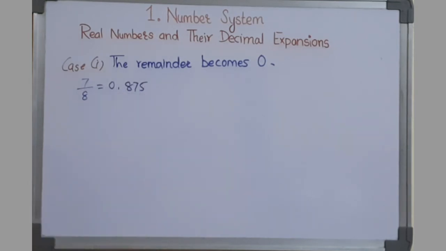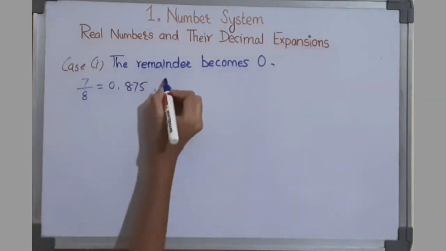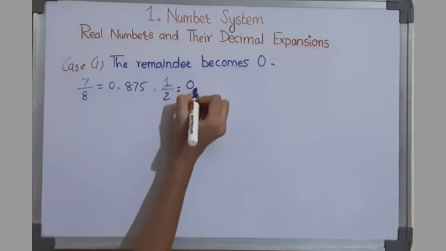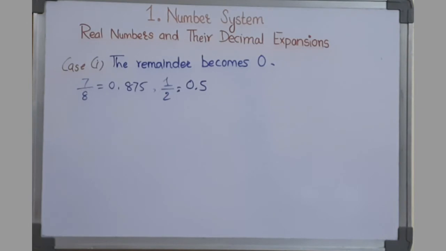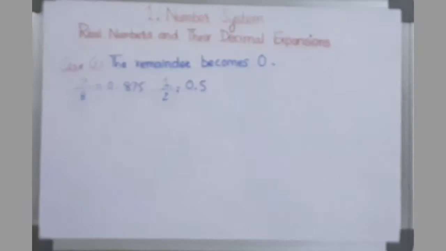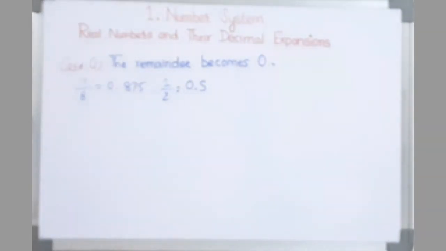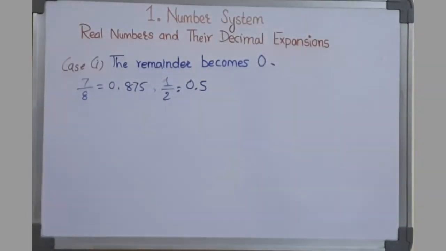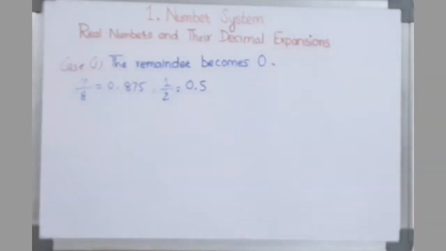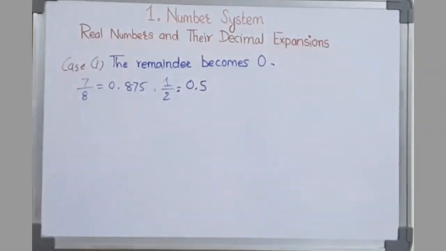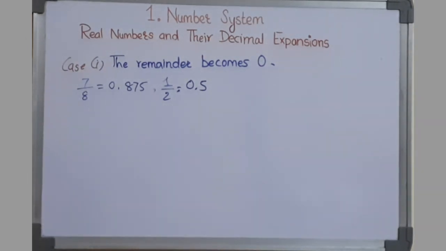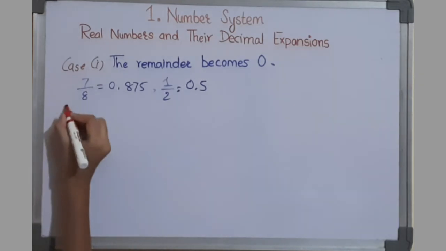The other example is 1 upon 2, where we get 0.5. So here we see that the remainder is becoming 0. In all of these cases, the decimal expansion terminates. Terminates means it ends after a finite number of steps. And we call the decimal expansions of such numbers terminating, as we are getting the remainder 0 after a finite number of steps.